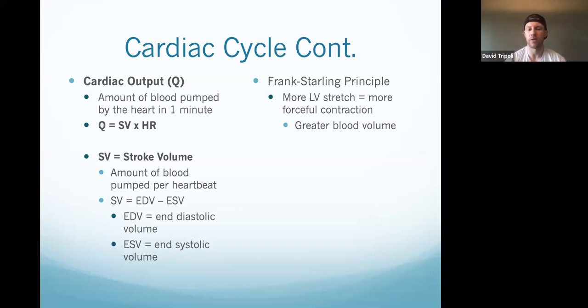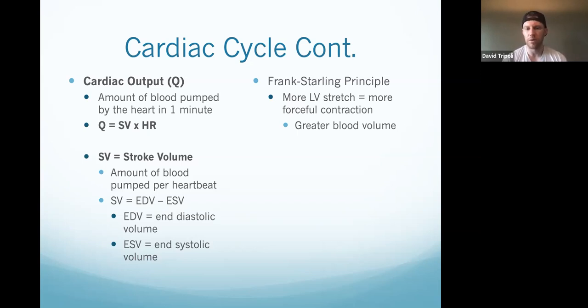So let's just say your end diastolic volume is 100, and when you're left, you have 5. So 95 is your stroke volume, we'll call it milliliters. And then let's say your heart beats 100. So you do 100 times 95, and that would give you how much blood is pumped by your heart in 1 minute. Okay, hopefully that makes sense.